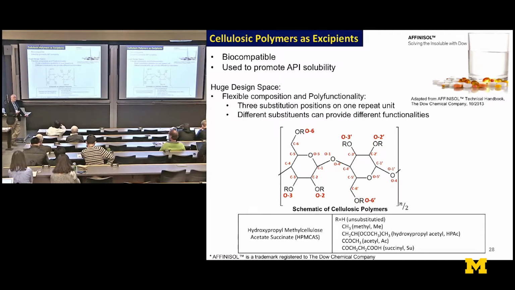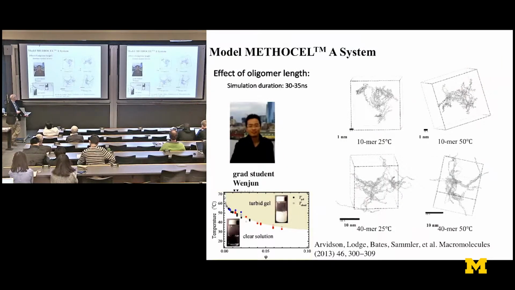And with these groups, you have enormous compositional variability. You have 3 substitution positions. You have these 5 substituents that can be combined in any ratio you want. So parameter space is absolutely enormous. And we want to use computer simulations to try to do the design. So we immediately run into a problem.